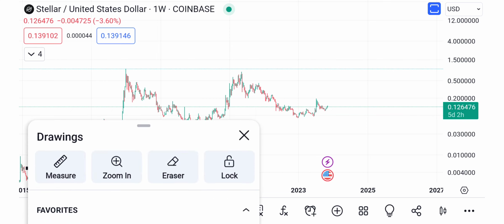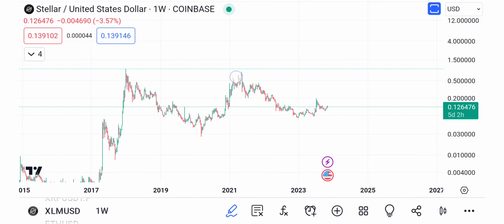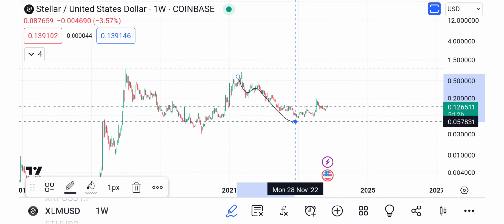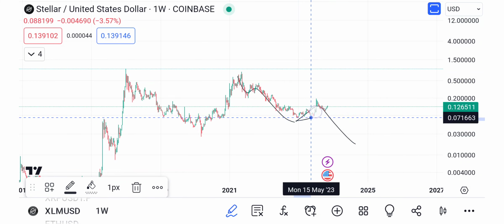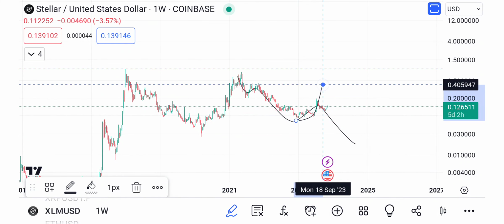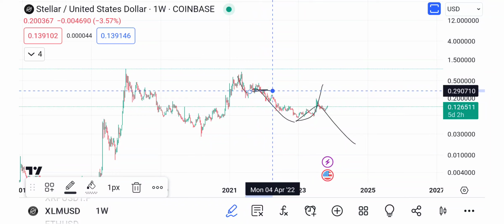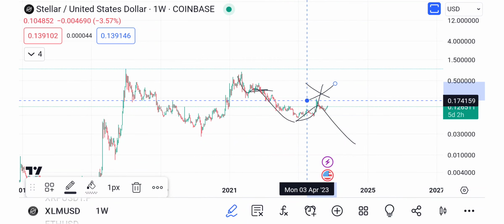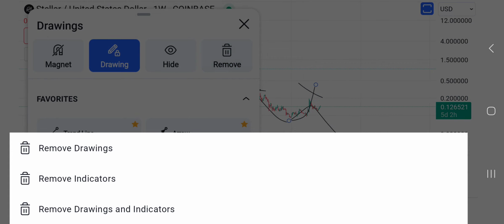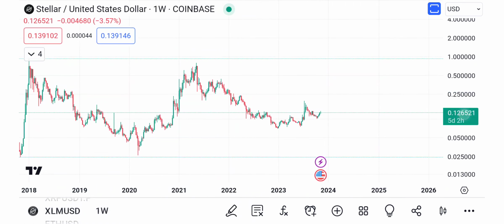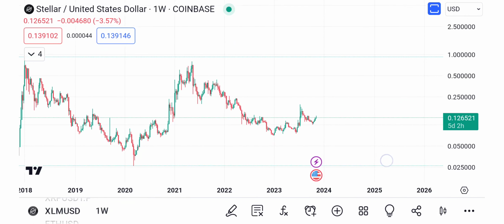So if wave C has 5 waves, 1, 2, 3, 4, 5, the fourth wave can't come all the way up here to this wave right here. It would be overlapping, right? So that's a no-no. That's why I'm thinking we're at that crossroads at the moment.